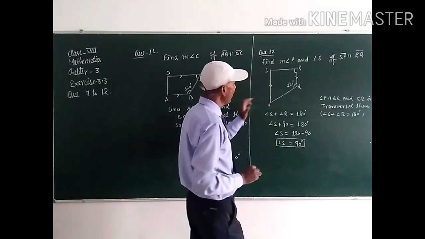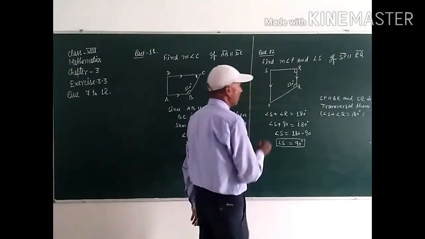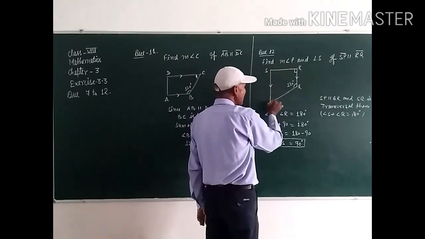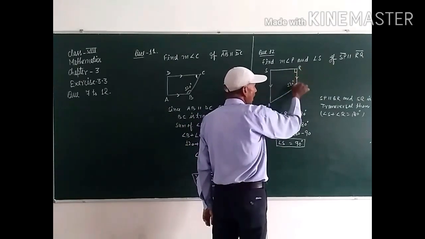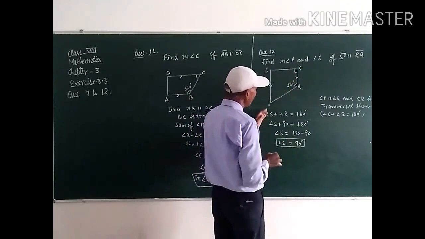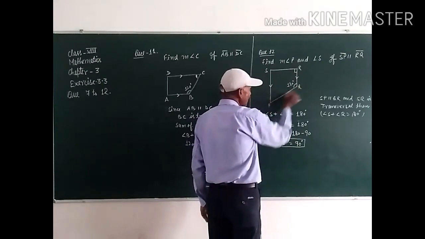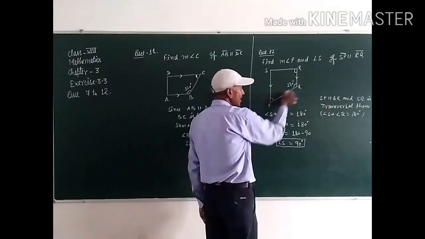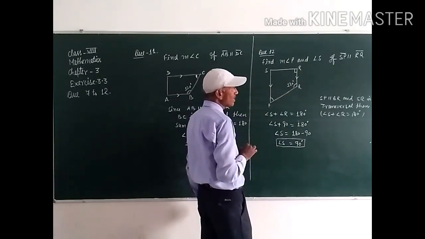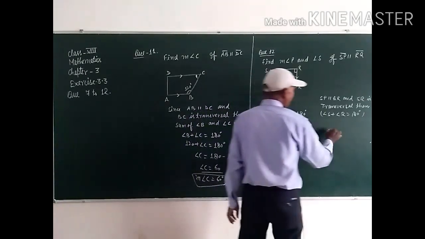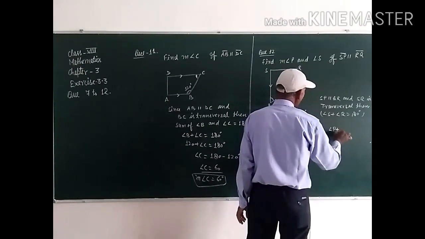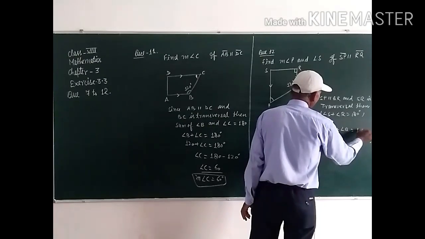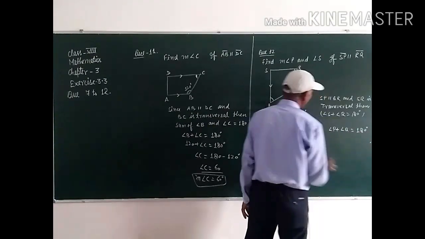Now we have to find the value of P, student. Same reason here, student, because SP is parallel to RQ and QP is transversal. Therefore, co-interior angles same side of transversal will be supplementary, means angle P plus angle Q is equal to 180 degree.